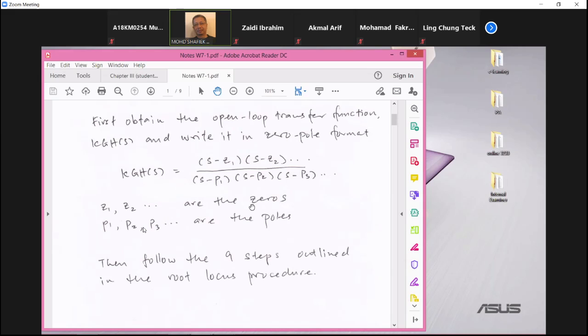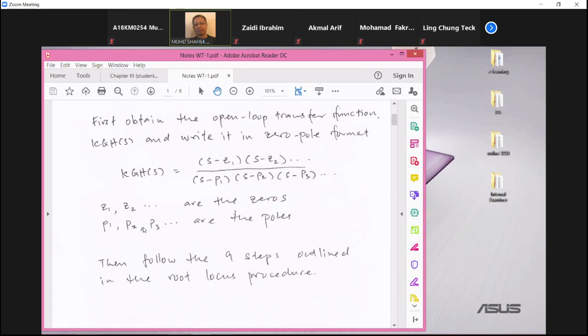Zeros is the name given to the value of s that will make the numerator equal the numerical value 0. I want to distinguish between numerical 0 and the name given to that value. So Z1, Z2, Z3 are known as zeros. Their numerical values are not necessarily equal to the value of 0, but the name given to them is zeros.